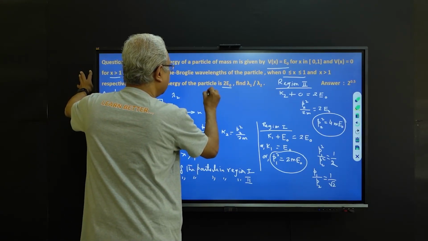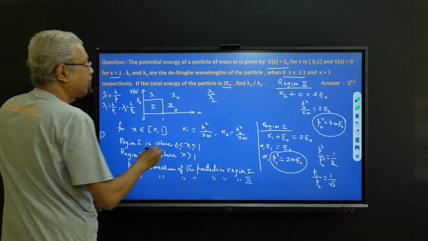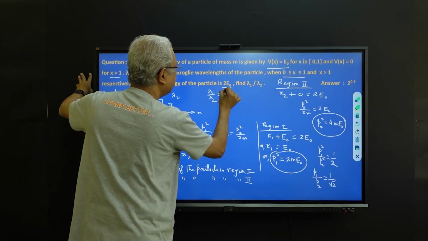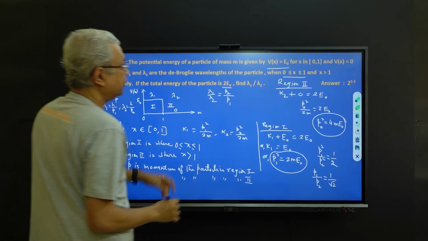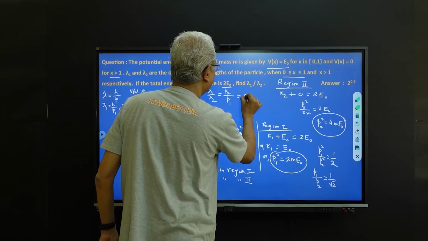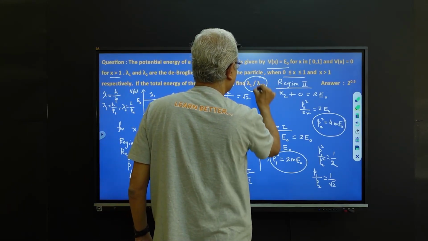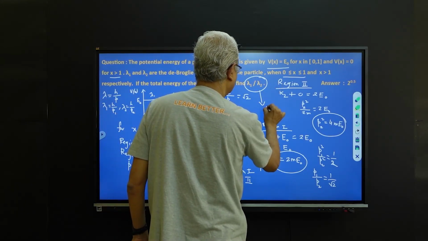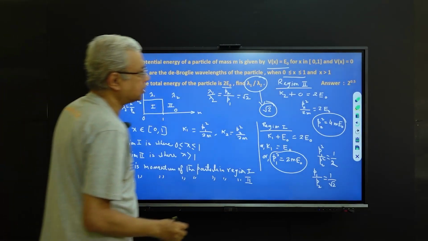So lambda 1 by lambda 2 is equal to P2 by P1, which is equal to root 2. So lambda 1 by lambda 2 value is root 2. So this is the answer.